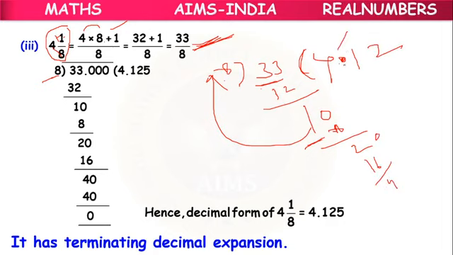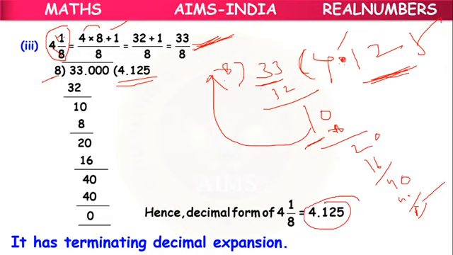We can take a 0. 8 5 times 40, cancel 0. So 4.125 you are getting, children. The remainder is 0, which means after 3 finite decimal places, the division process has stopped. So the decimal form is 4.125.